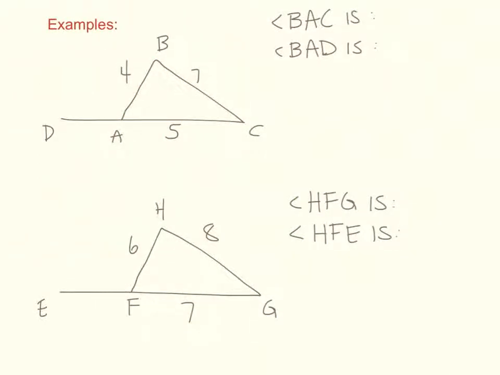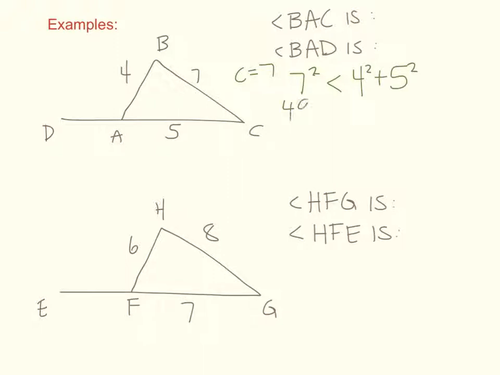So let's do some examples. So I have a triangle ABC, and I have one side extended to D. So I know that 4, 7, and 5 are my side lengths. So let's find out. C equals 7. Is 7 squared less than 4 squared plus 5 squared?